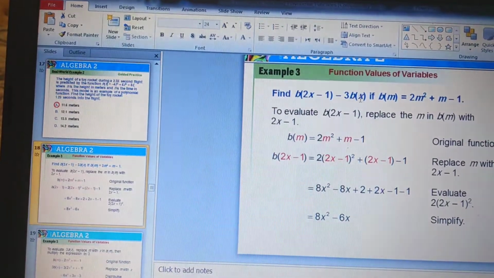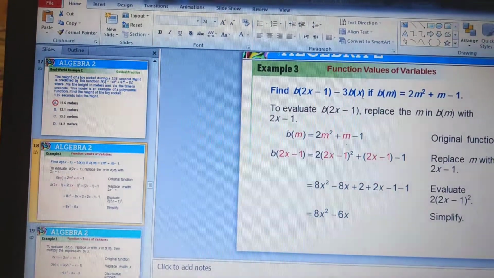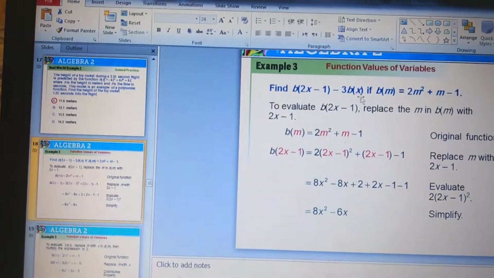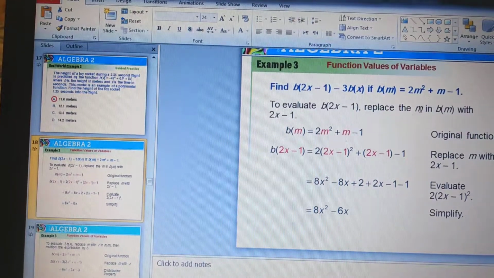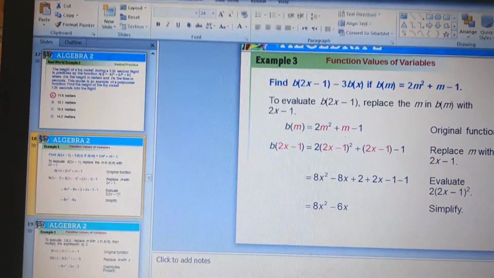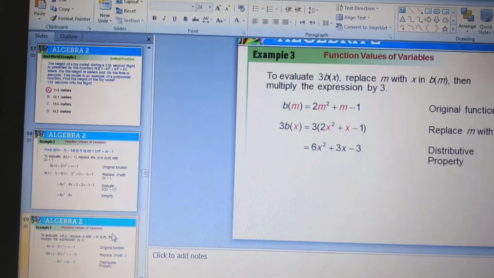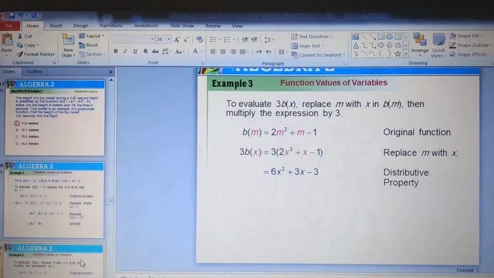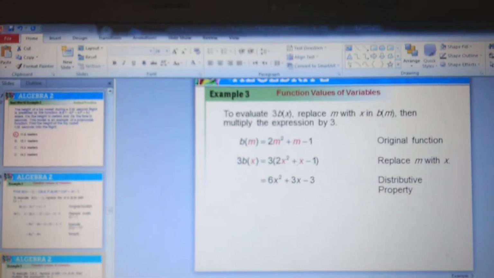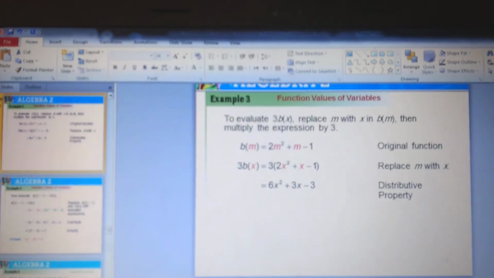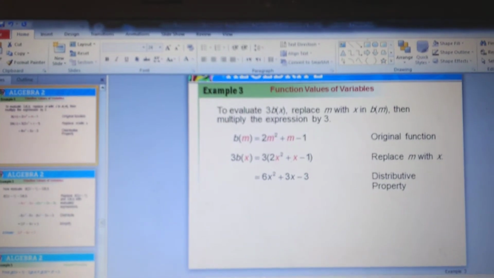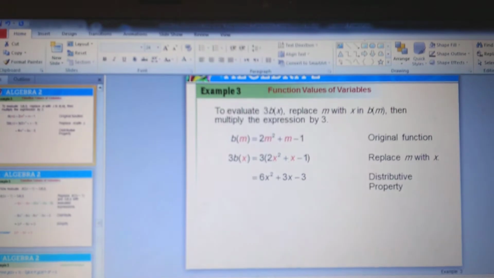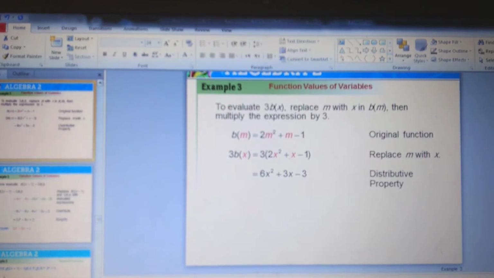Here also the same, only this is very simple. Instead of m, we put x. It will become 2x squared plus x minus 1. Here we get the answer. We put 6x squared plus 3x minus 3.